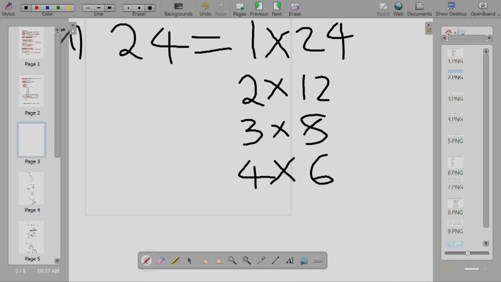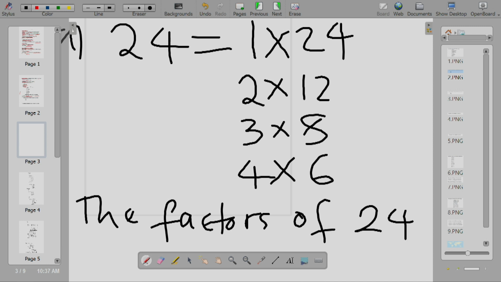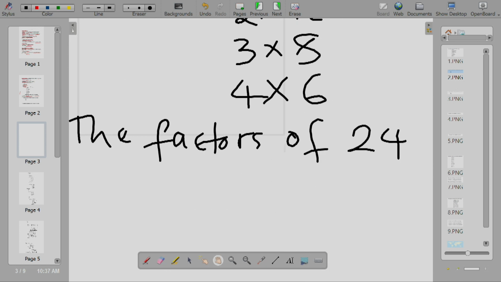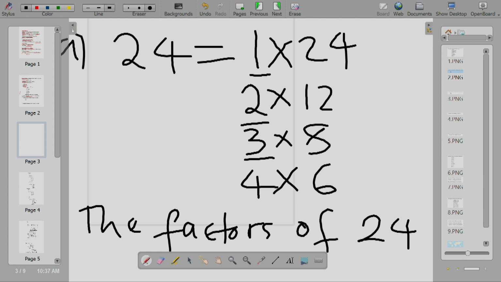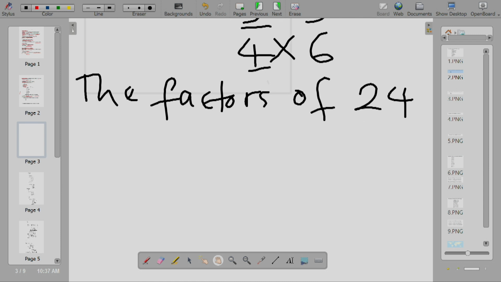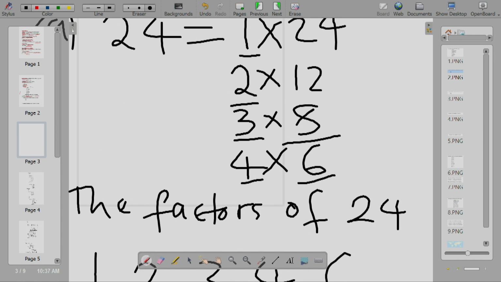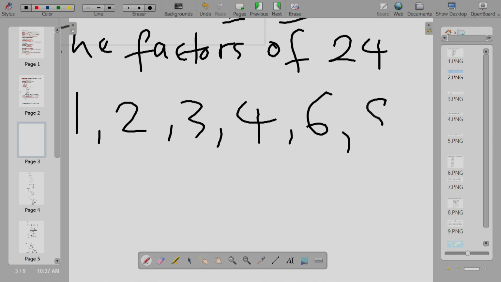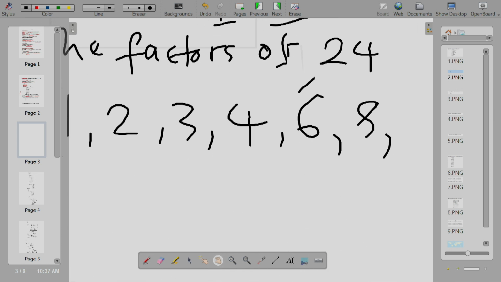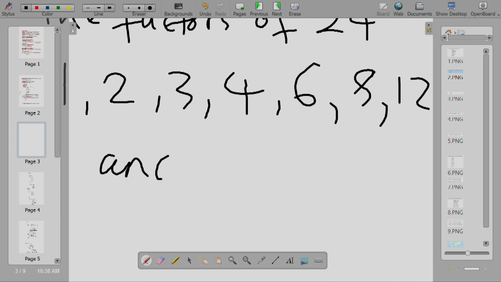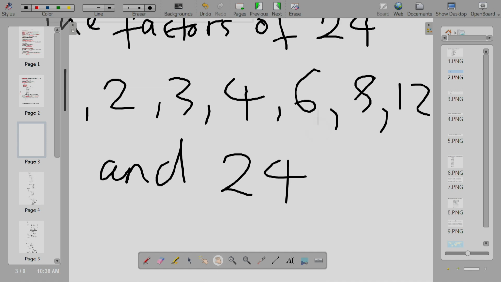So the factors of 24 are 1, 2, 3, 4, 6, 8, 12, and 24. These are the factors of number 24.